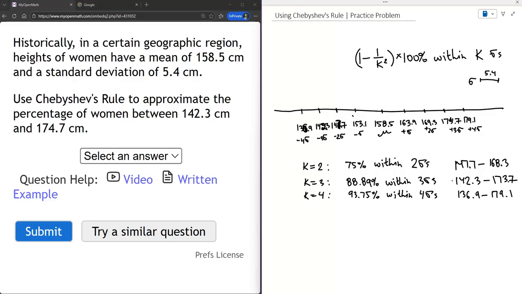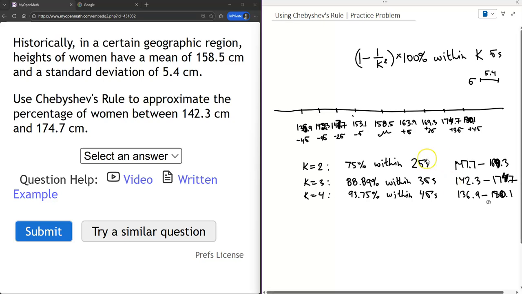And then this should be 4, and this should be 180. So this should be 169. This should be 174. And this should be 180.